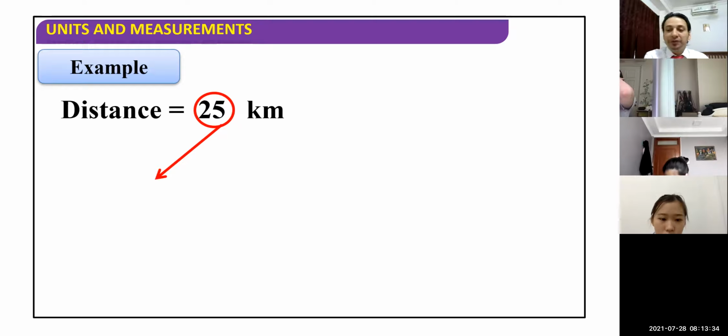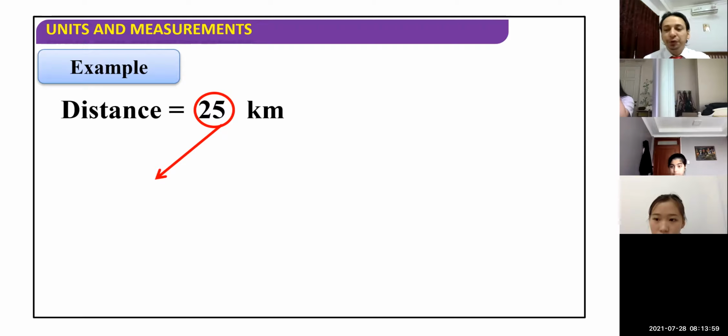As from the previous slide we have seen, any measuring quantity, a physical quantity, is always written in the form of magnitude multiplied by its unit. Now, if the unit is not there, the information is not complete. If I write only 25 kilometer, what kilometer? How many kilometers? Half kilometer, 1 kilometer, 2 kilometer?